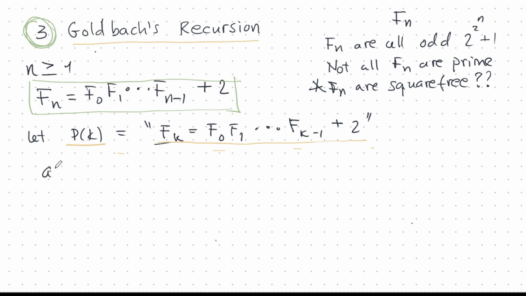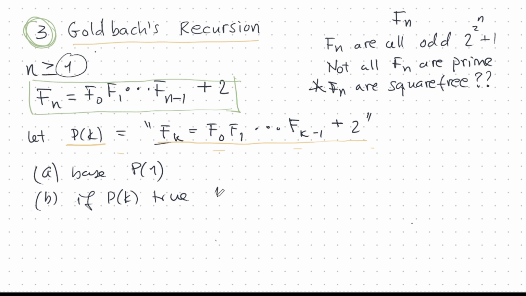So if I want to do a proof by induction, I need to do two things. I need a base case. I need to prove the base, which is going to be P1 because n is greater than or equal to 1. And I have to prove the induction step. So I assume Pk is true, then I have to prove that Pk+1 is true.